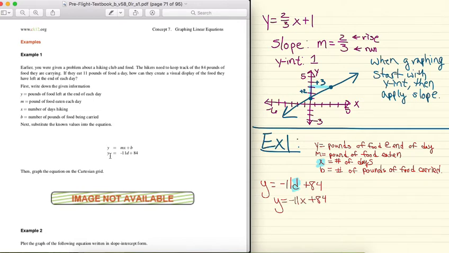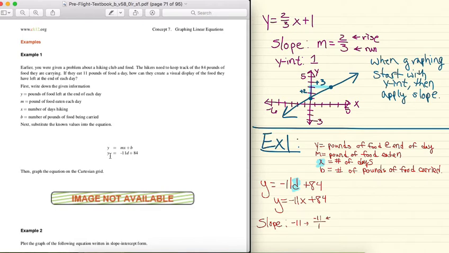Now, to begin graphing this, I need to identify my slope. Our slope has been identified as negative 11. Normally, when we have slope, we have it written as rise over run, and we don't have that here. But know that you can write any number as a fraction as long as you write it over 1. So my slope can really be rewritten as negative 11 over 1.